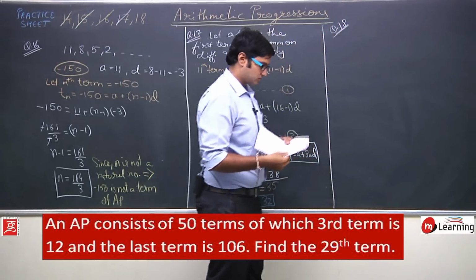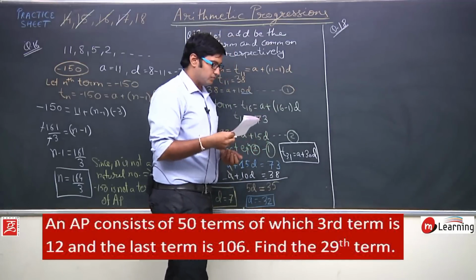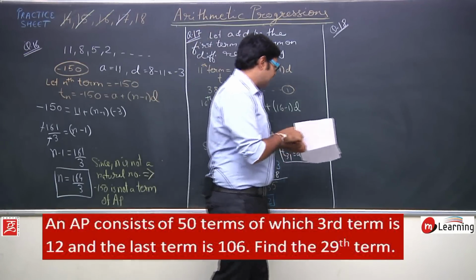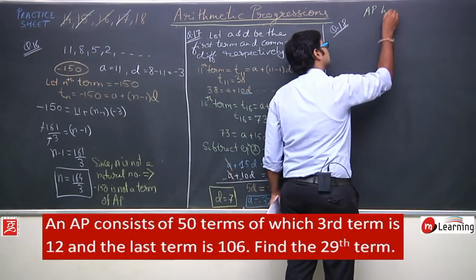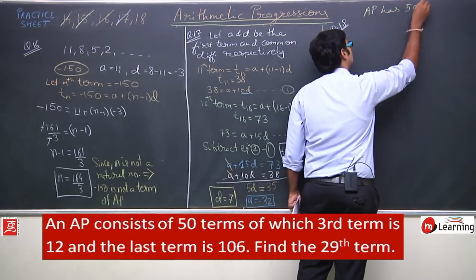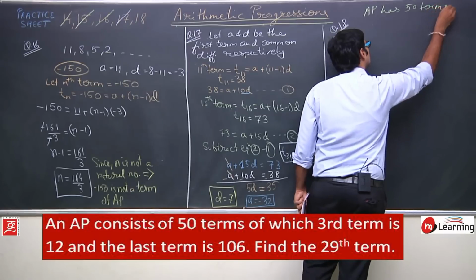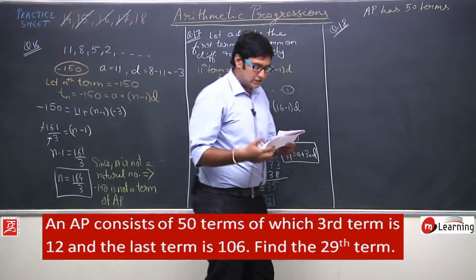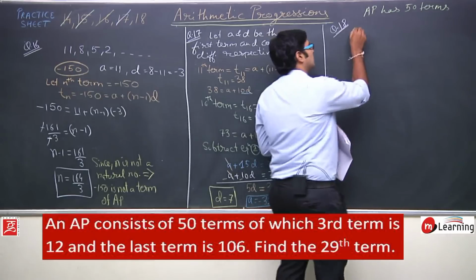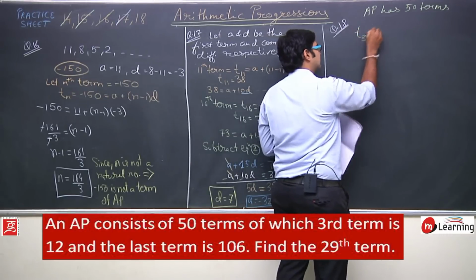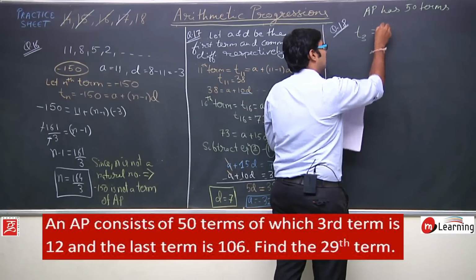Now the given conditions are that the AP has 50 terms, and in this AP the third term, that is T3, is given as 12.